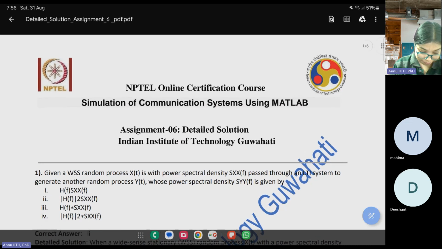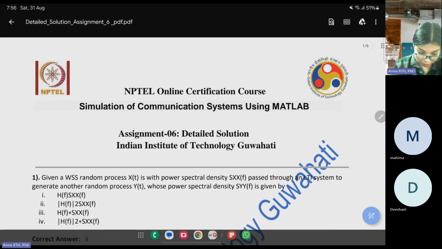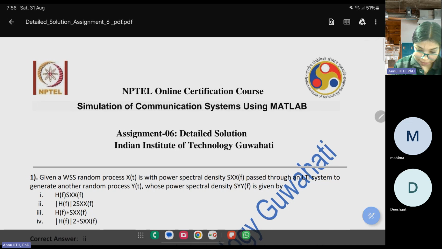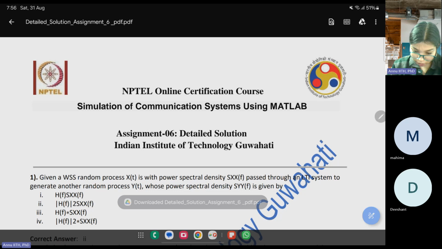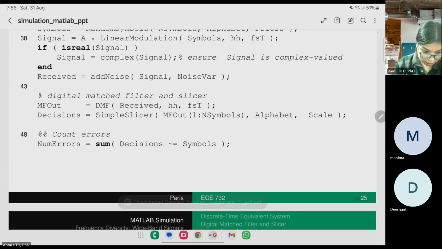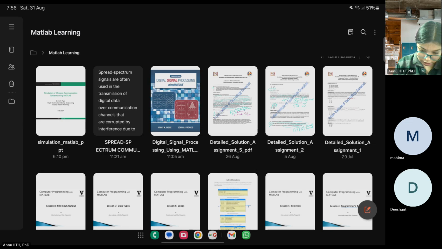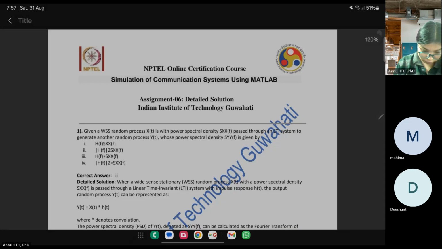So given a random process x(t), as we know what a random process is, let's open it.